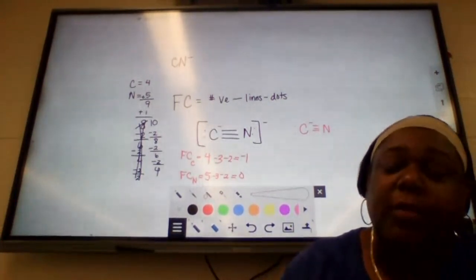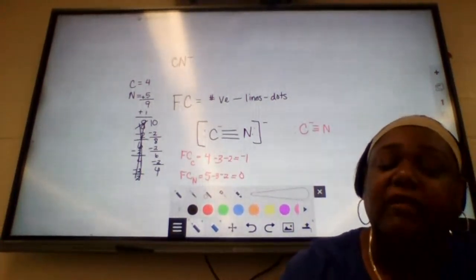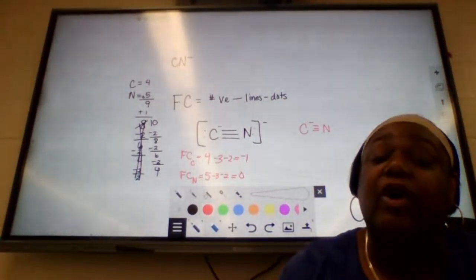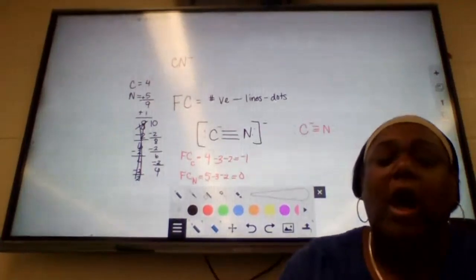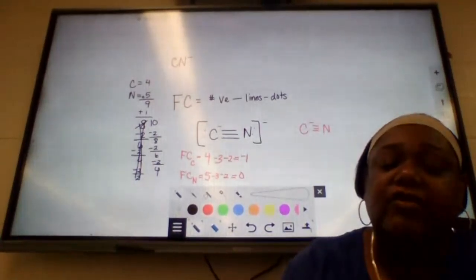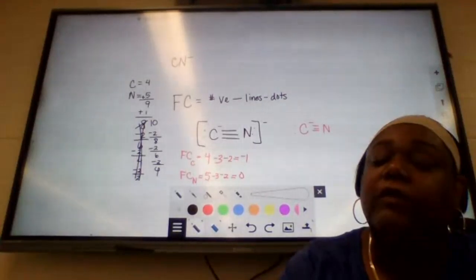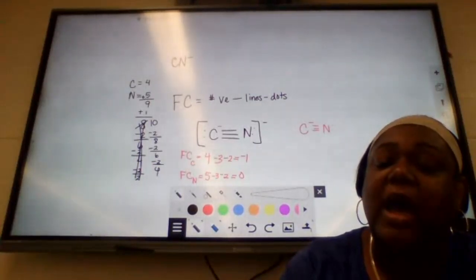So when you have more than one possible Lewis structure, calculate the formal charge, and that'll show you which structure is the correct structure.